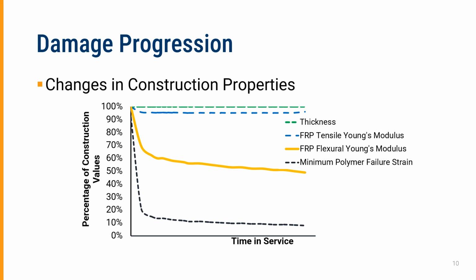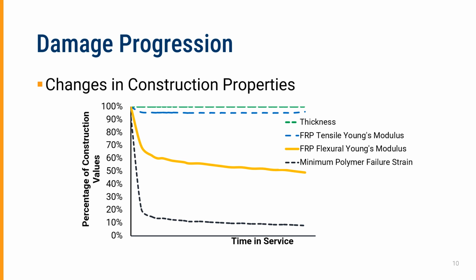Damage progression is shown here as changes in the construction properties, the properties that are used nominally for design or considered in design. So I'm showing a percentage of construction values where, of course, at new, everything is at 100%. And we can see that normally the thickness, shown as the green line, will stay pretty much constant.